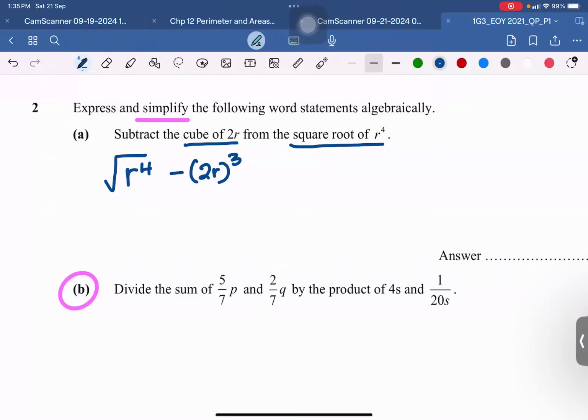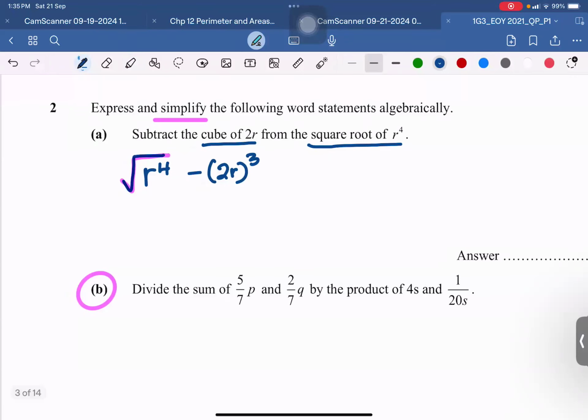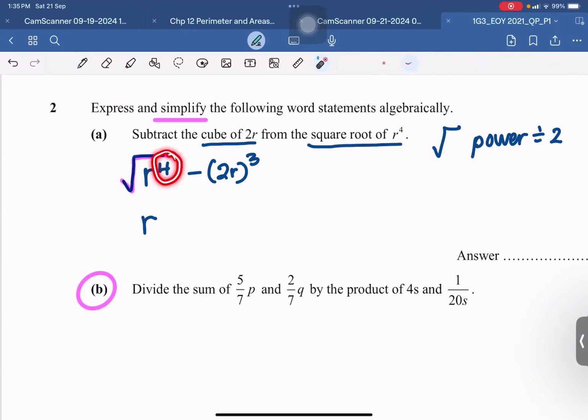When we have a square root, what happens to the power? When you have a square root, the power is divided by 2. So in this case, you end up with r to the power 4 divided by 2, to give you power number 2.